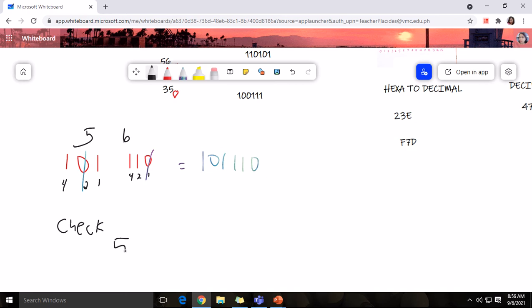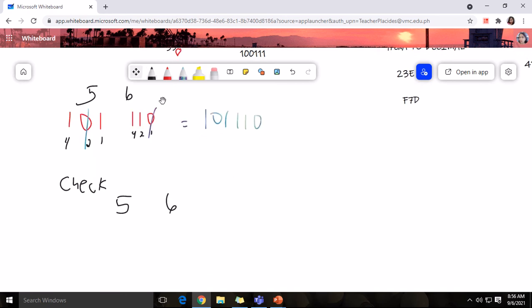So 5 and 6. 8 to the power of 0 plus 8 to the power of 1. Then 6 times 8 raised to 0, and then 5 times 8 to the power of 1.